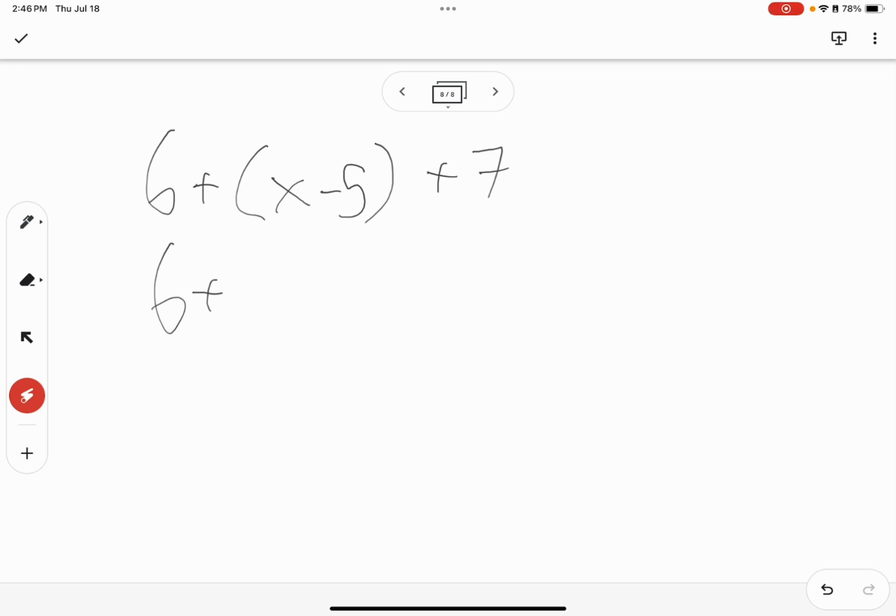Remember how I said if there's a sign, then it's not multiplication. Here we have a plus in between the 6 and the parentheses. Same thing here, we've got a plus in between the parentheses and the 7. So this is not multiplication. Instead, we're adding, and at this point, there's nothing else to be done.